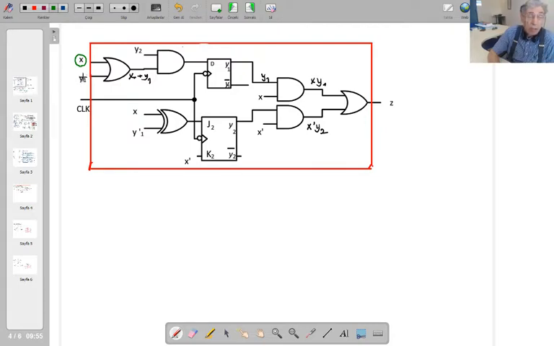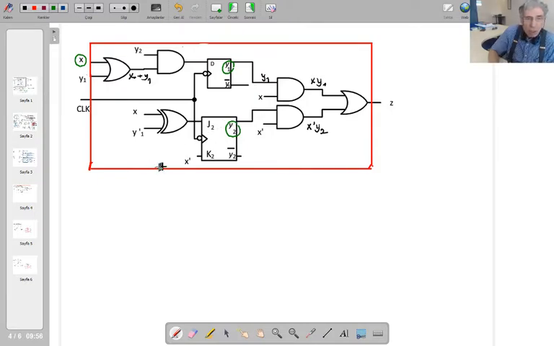Other independent variables are related to memory elements. Each memory element represents one state variable. The small y version of the state variable is the independent variable. So this small y1 and this small y2 are also my state variables.